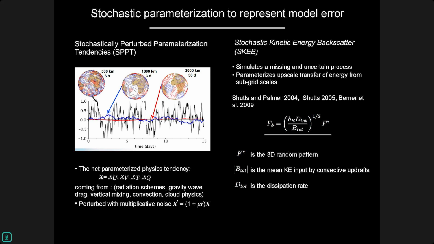Most of the energy is dissipated past the resolution of the model. So folks, I think primarily in the UK, came up with methods of stochastically putting some of that energy back into the larger scale. So it's called stochastic kinetic energy backscatter, where you're scattering some of that energy upscale into the larger scales. I'll not talk about this today.